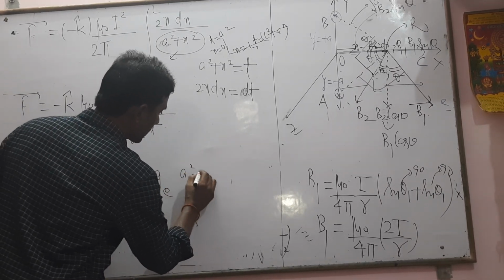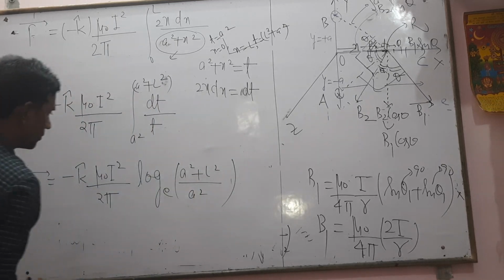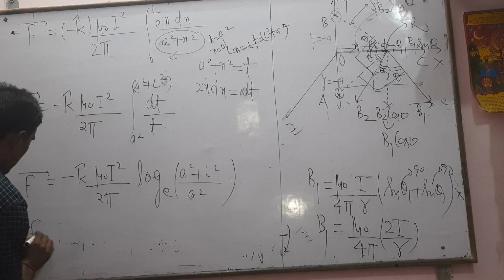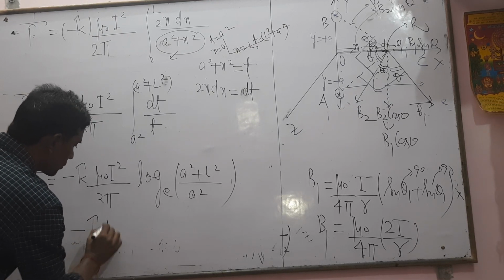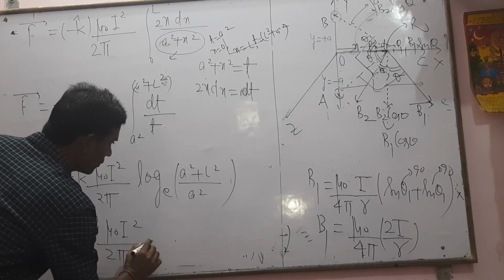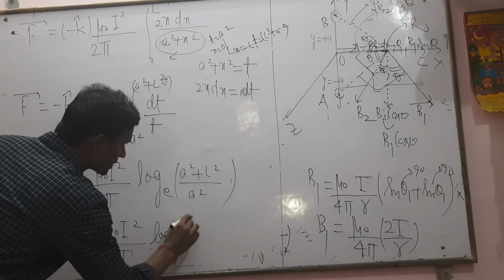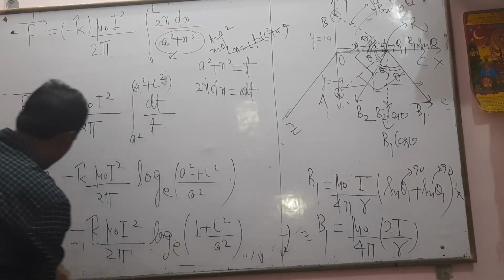So a square plus L square divided by a square means dividing by a square. F vector equals minus k cap into mu naught i square divided by 2 pi, that value will be log base e of 1 plus L square by a square.